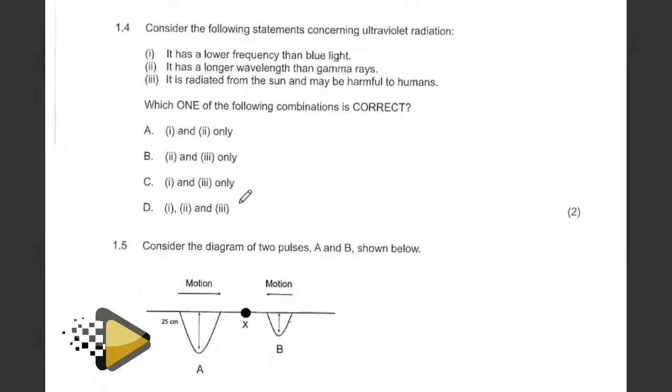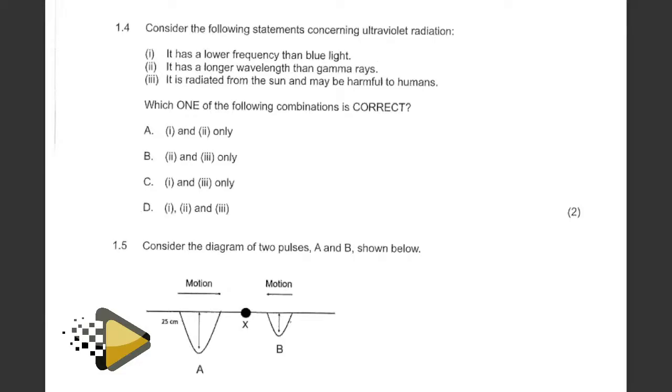1.4, consider the following statements concerning ultraviolet radiation. Which of the following are true? 1, it has a lower frequency than blue light. 2, it has a longer wavelength than the gamma rays. 3, it is radiated from the sun and may be harmful to humans.